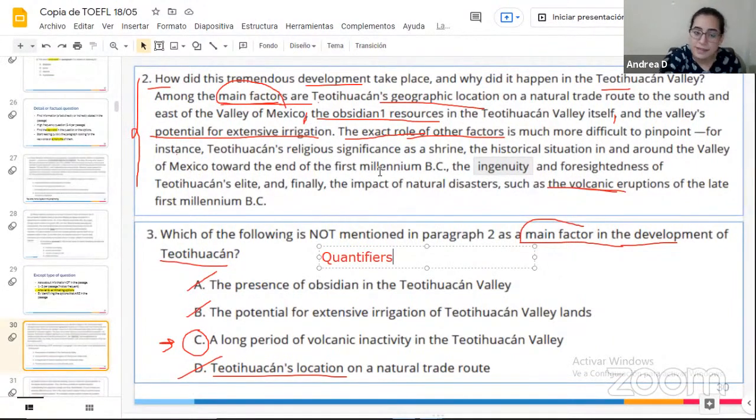So it isn't the same, main factors as other factors. It's not the same, the main factors and the secondary factors. It's not a difference in quality, but in quantity. So the main factors, the other factors. And I've seen things like that over and over again in this reading section.